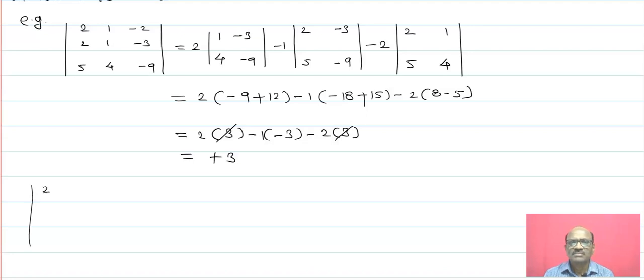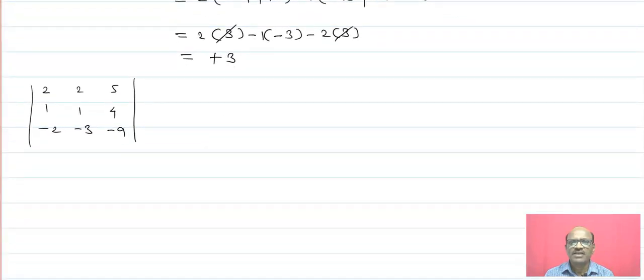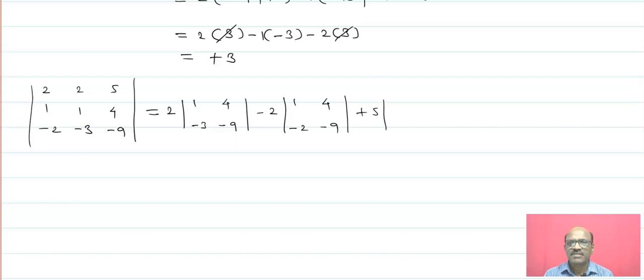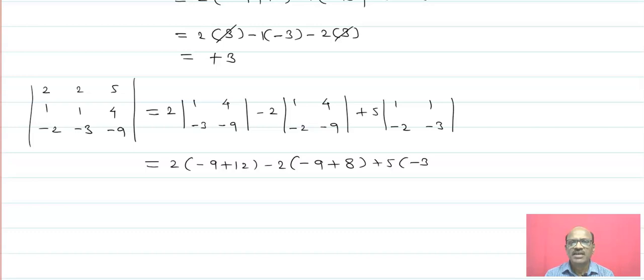Rows will become the columns, that is 2, 1, minus 2. Next is 2, 1, minus 3, 5, 4, minus 9. We change here, that is rows become columns, and solve this. Evaluate this determinant of the order 3 by 3. That is 2 in bracket minus 9 plus 12, minus 2 in bracket minus 9 plus 8, plus 5 in bracket minus 3 plus 2.